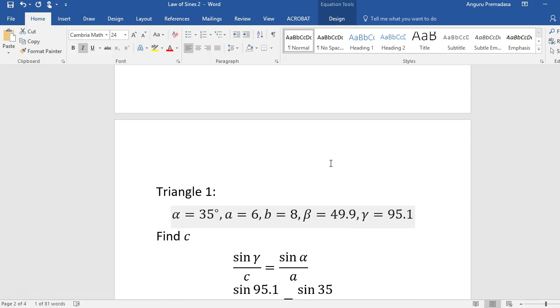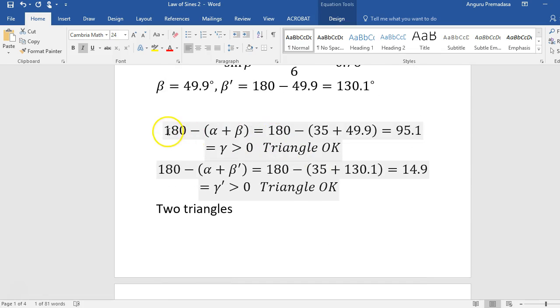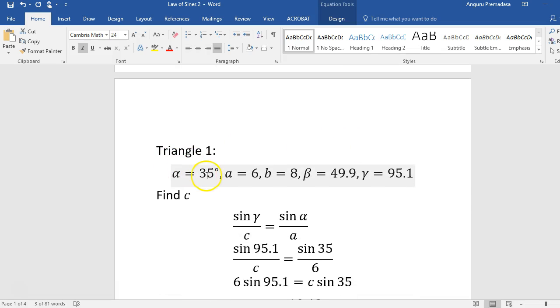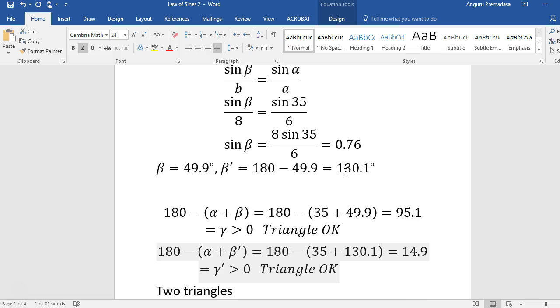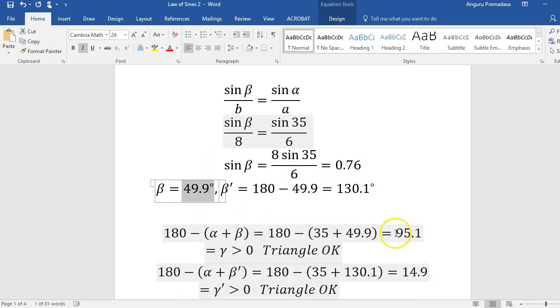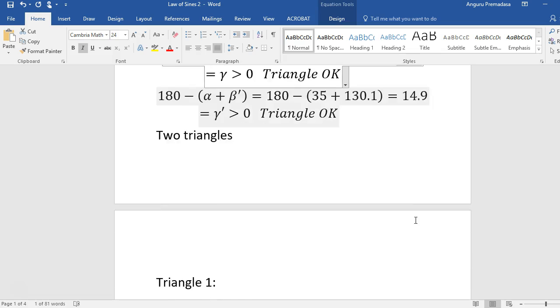Now let's start with triangle 1. So triangle 1: we have alpha equals 35, a equals 6, b equals 8. Those are already given, and beta is 49.9, and gamma we found here to be 95.1.